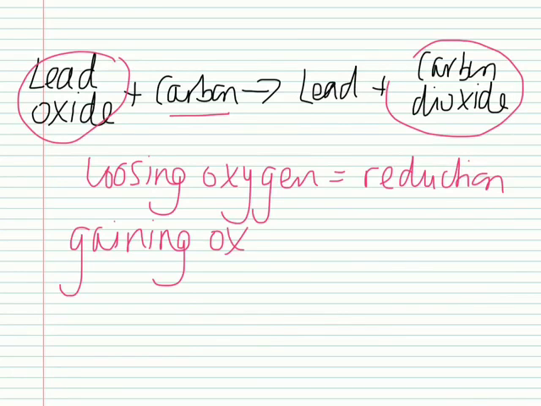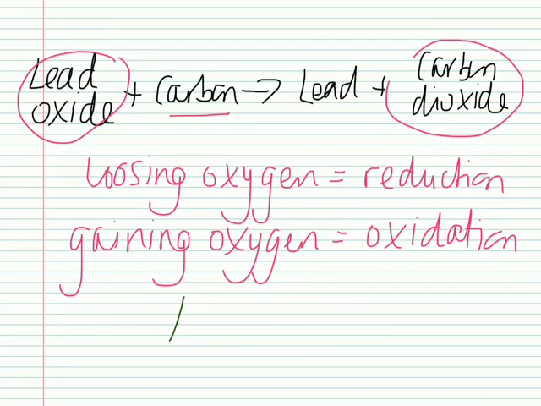Gaining oxygen is called oxidation. When reduction, losing oxygen, and oxidation, gaining oxygen, happen at the same time, we call this a redox reaction, i.e. reduction and oxidation at the same time.